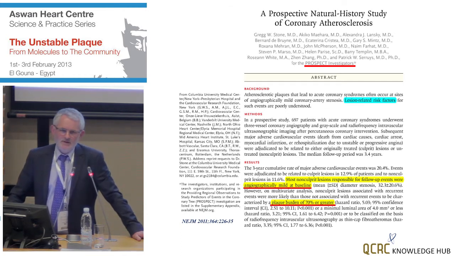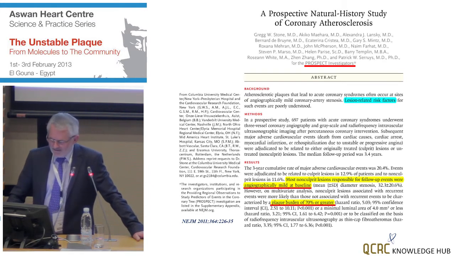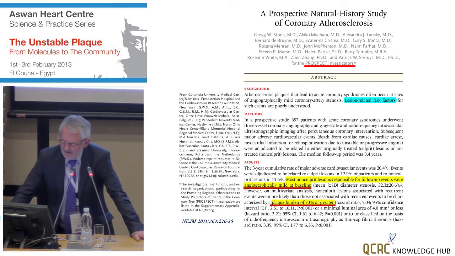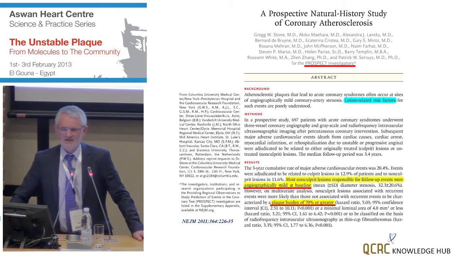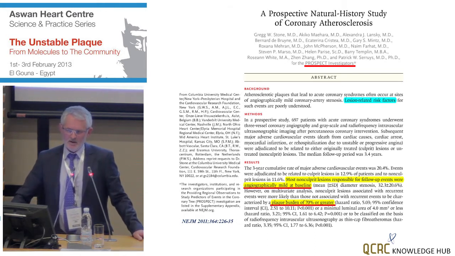It's in fact the PROSPECT trial that prospectively identified lesions, followed them to see what kind of lesion gave rise to clinical events. And in this study, they found that most non-culprit lesions responsible for follow-up events were angiographically mild at baseline.